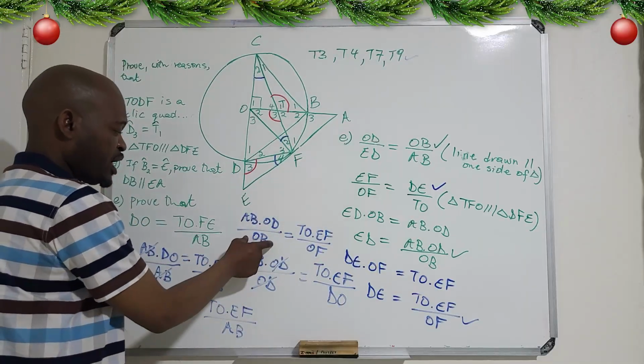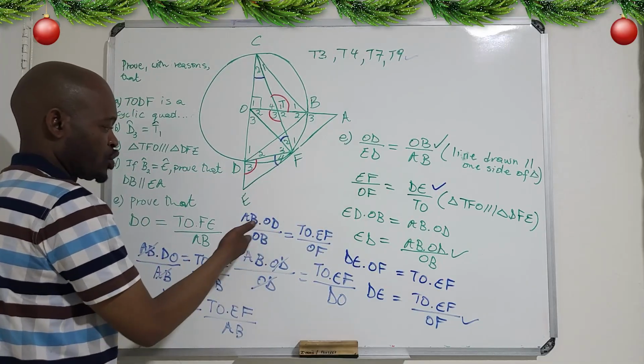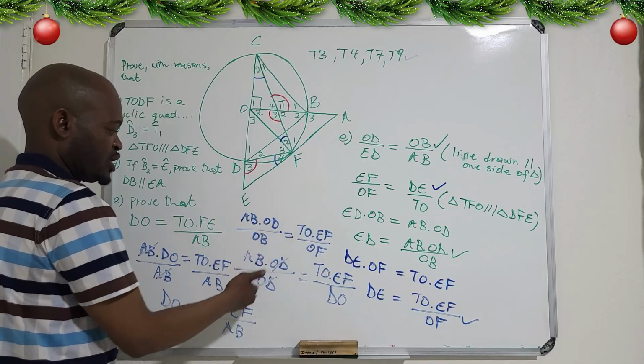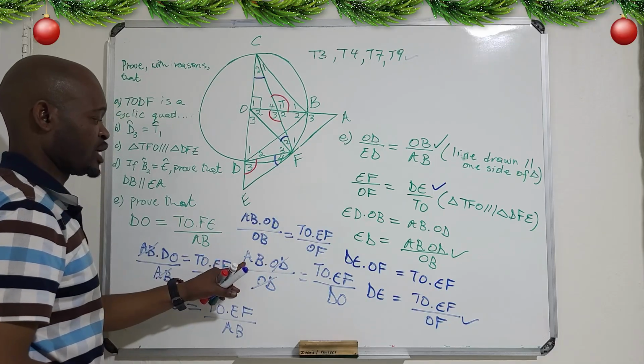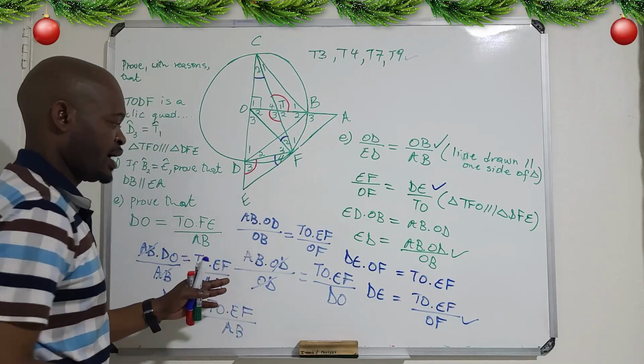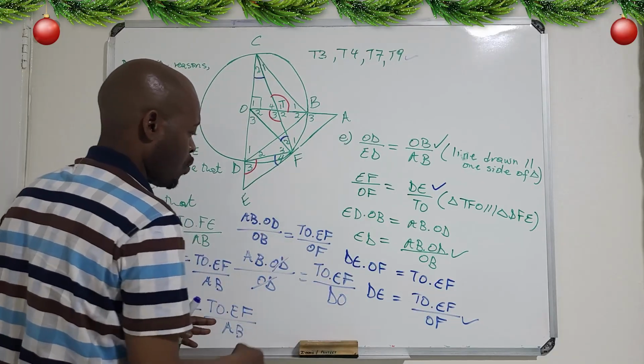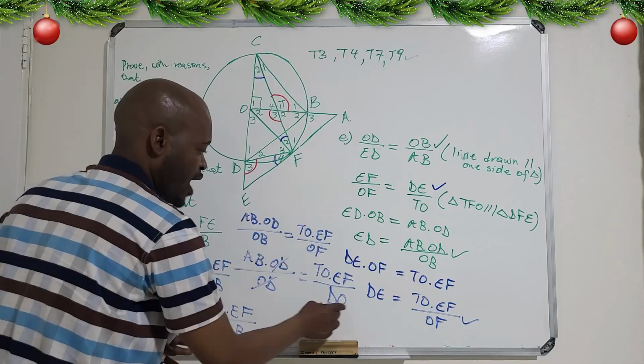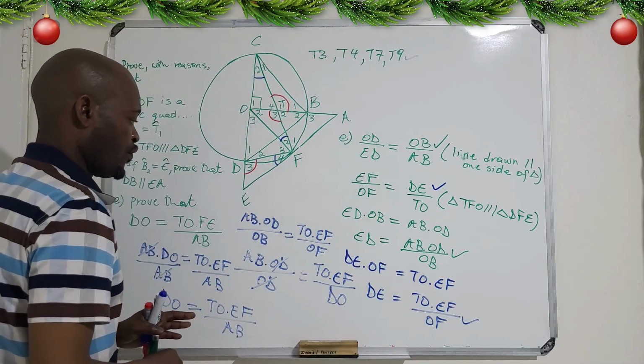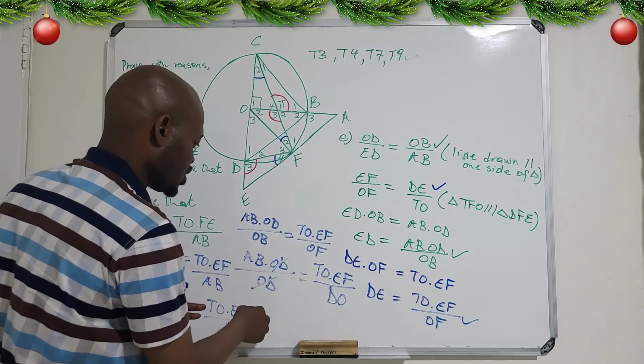Therefore, OB is the same as OD. I put OD there, so this OD cancels with that. I'm left with AB over 1 there, equal to OF, which is also equal to DO. Therefore, where I see OF, I put DO. Then, obviously, this is over 1.